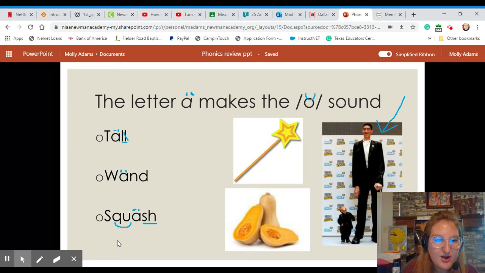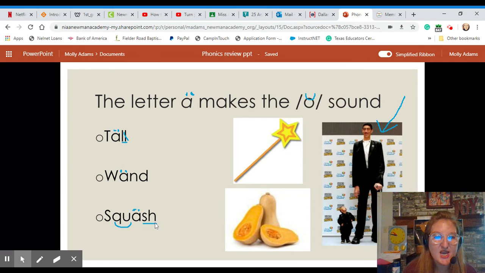All right, the next word is squash. Squash, like over here, a squash is a fruit. That's a fruit because it has seeds. Okay, and now let's code. We have our A, and we know it's saying the aw sound because it comes after our letter combination QU. So we need to put an arc under our QU combination. Oh, and I also see a digraph at the end of the word.